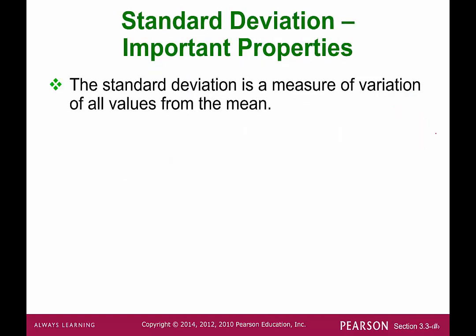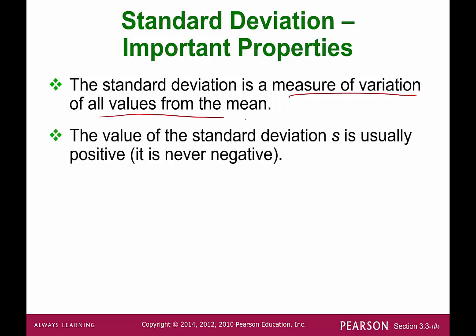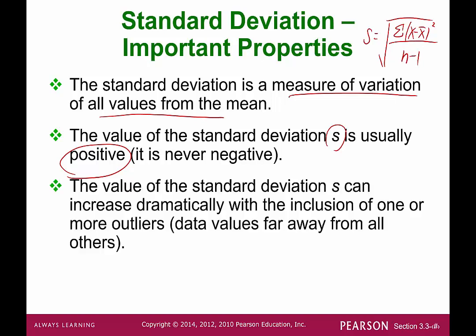Let's talk about some important properties of the standard deviation. Standard deviation is a measure of the variation of all values from the mean. The value of the standard deviation S is usually positive because it's a radical. Standard deviation equals the square root of the summation of (x minus x bar) squared over n minus 1. Because it's a square root, it's never going to be negative, it's always positive.